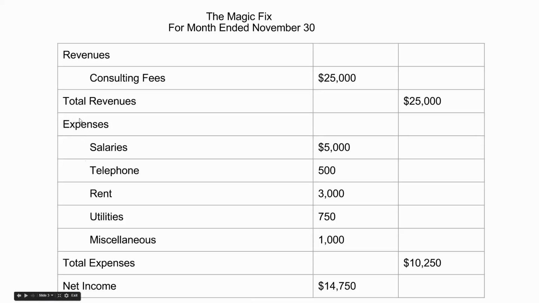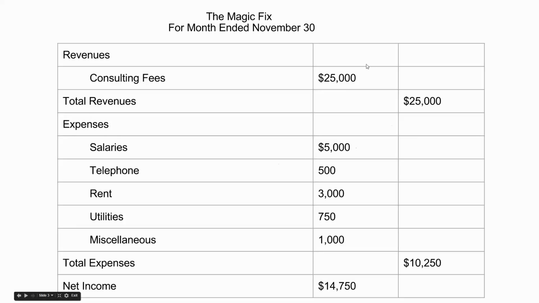Now, as you can see here, under this expenses tab, we have salaries, telephone, rent, utilities, miscellaneous. All of these separate accounts make up the expense account. But they individually are not as generalized. They're more specific than the expense account. So that's why they're indented. That's what differentiates these indented tabs compared to this overall expense tab.